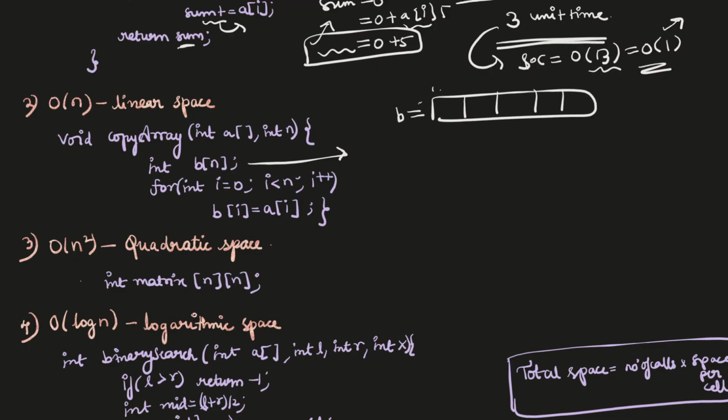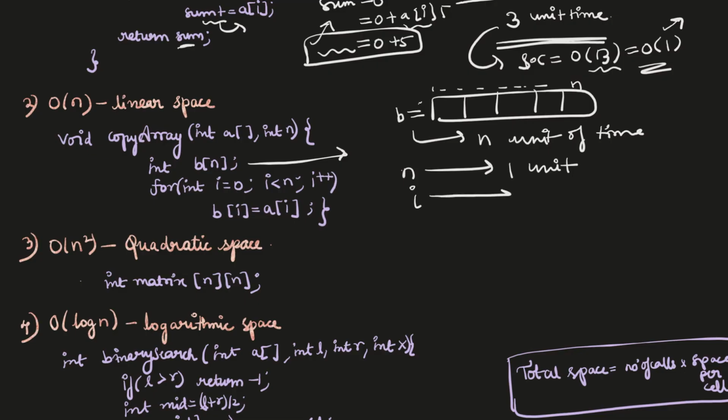Like this, with size up to n. So that's the reason B takes n units. And n is another variable, so it takes just 1 unit. And i would take 1 unit.